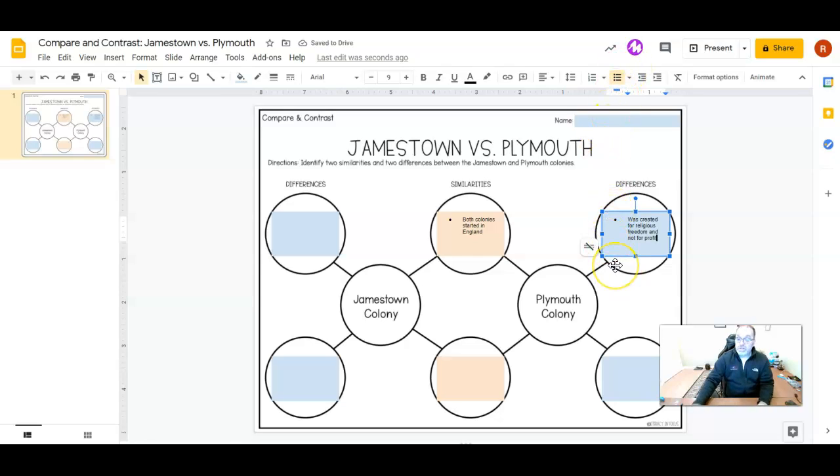So that's one difference that Plymouth Colony had than Jamestown. There's other differences in here. There's going to be other similarities. We should be able to put at least one difference, one similarity in every box.